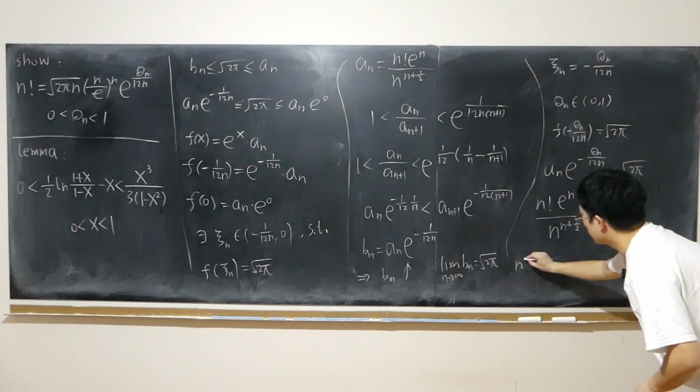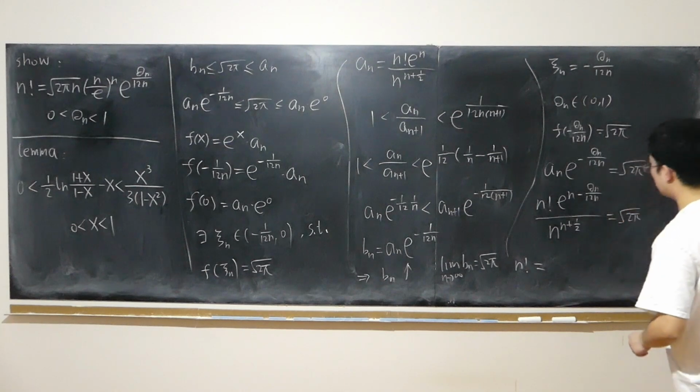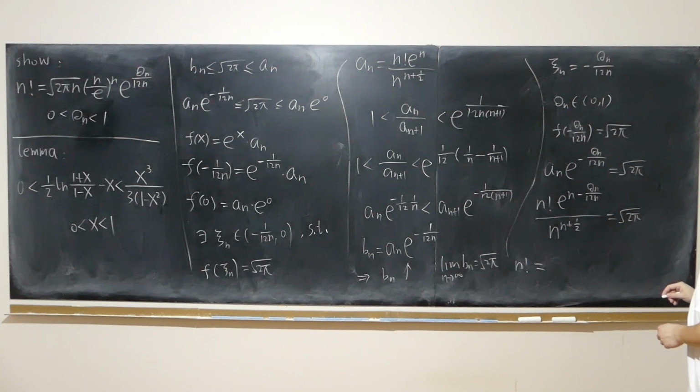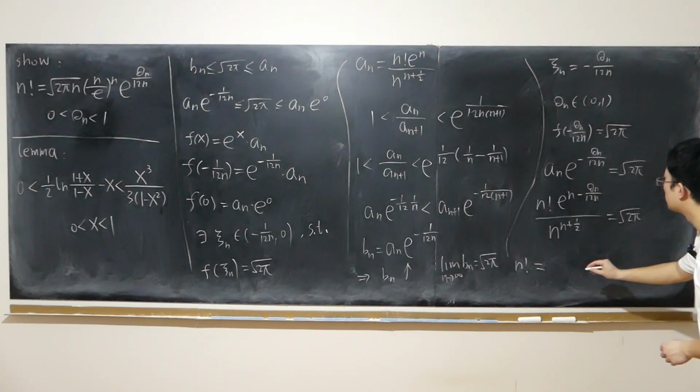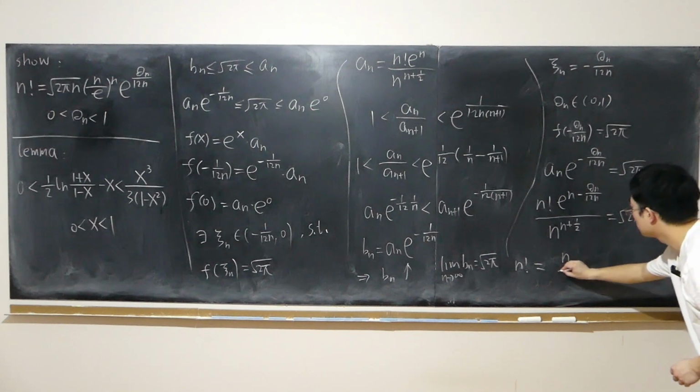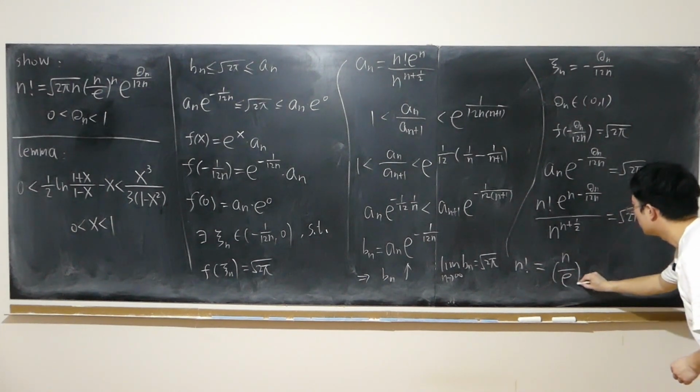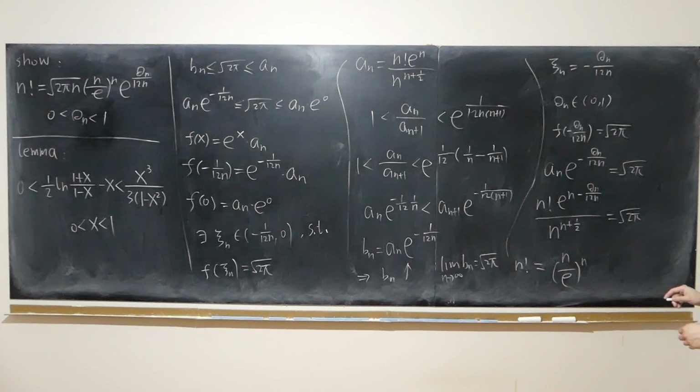Which means n factorial is equal to, multiplying this over to the other side, n to the power of n over e to the power of n, combining this part and this part. I still have to multiply by e to the power of positive theta n over 12n, so cancel this out.